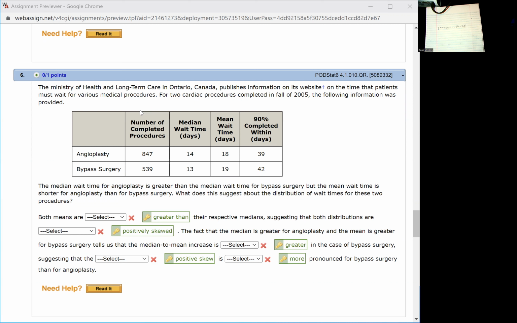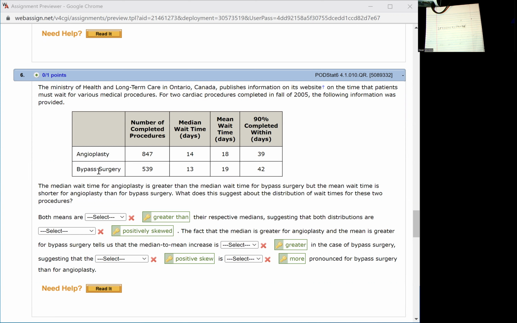But in the study that they had, there were 847 procedures of angioplasty and 539 bypass surgeries.